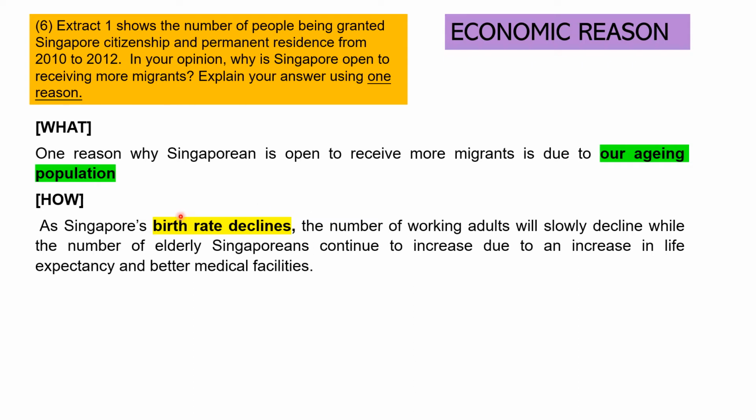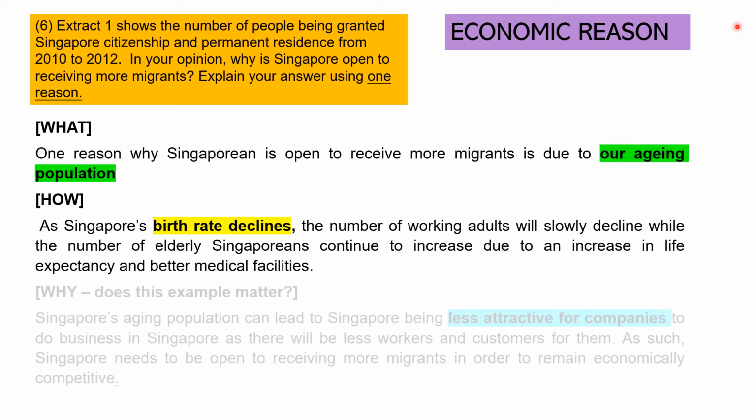Now, a declining birth rate means that there'll be more elderly Singaporeans. And when this happens, that is the reason why we definitely need more immigrants coming into our country to help to do a lot of things, be it manpower or even in the health sector.